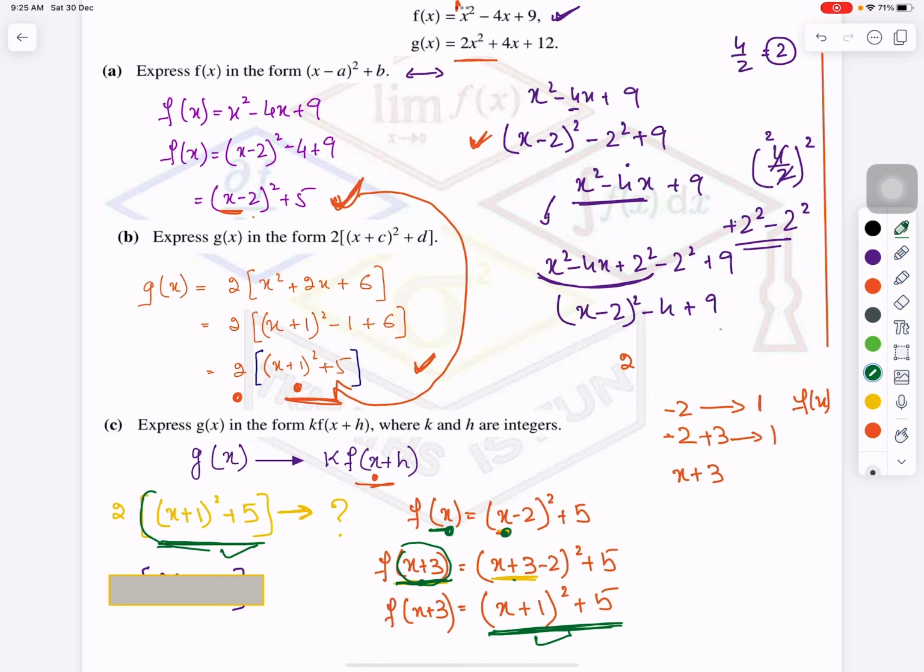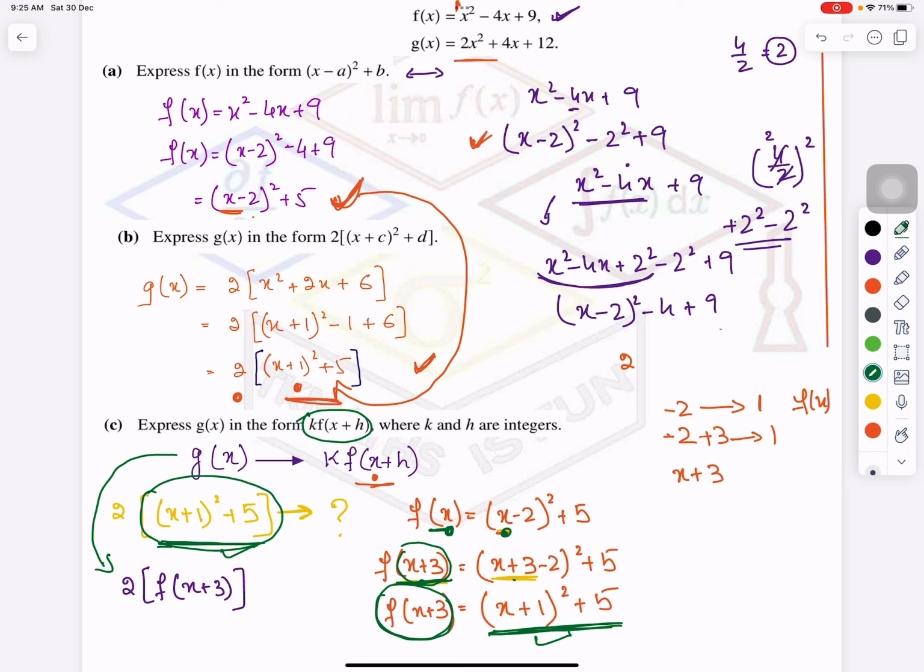So in place of this, what can I write now? f of x plus 3 I can write. So now I have expressed my function g of x in terms of function f, right? So it is exactly in the same form. My h is 3 and my k is 2. I hope you understood it.